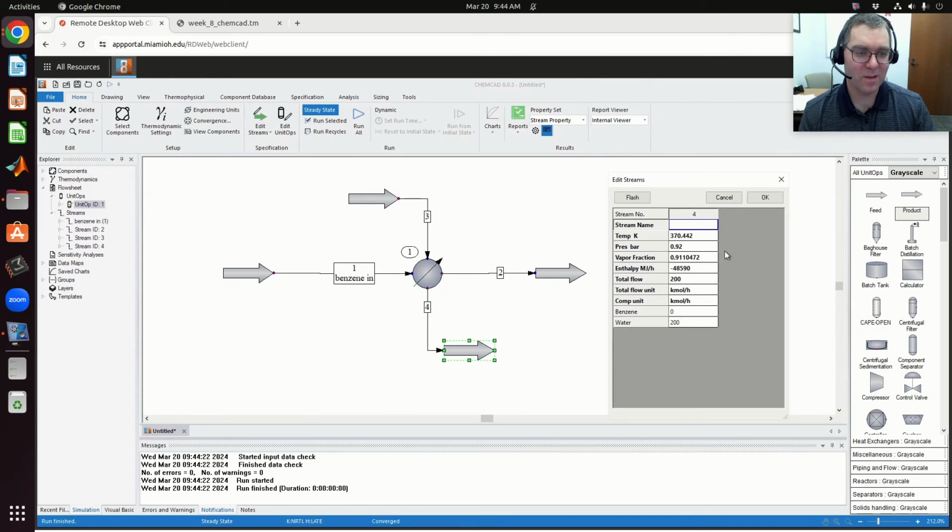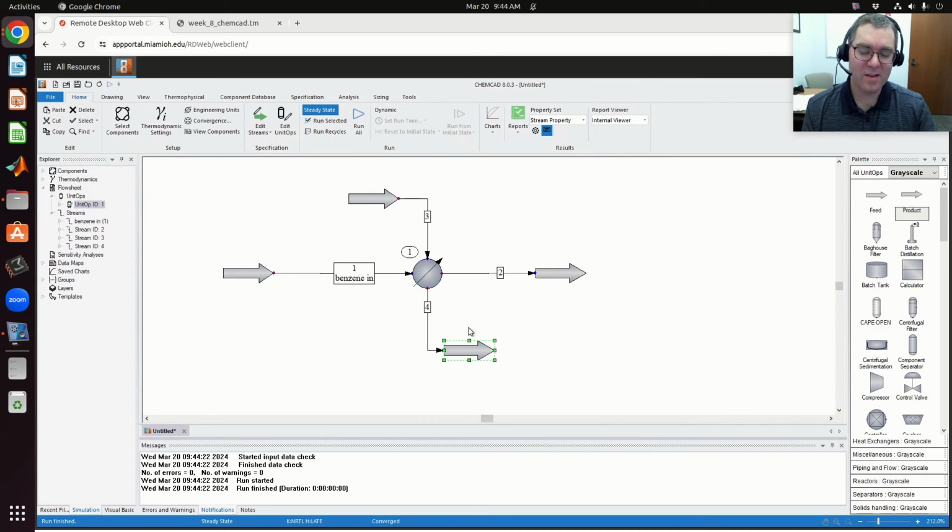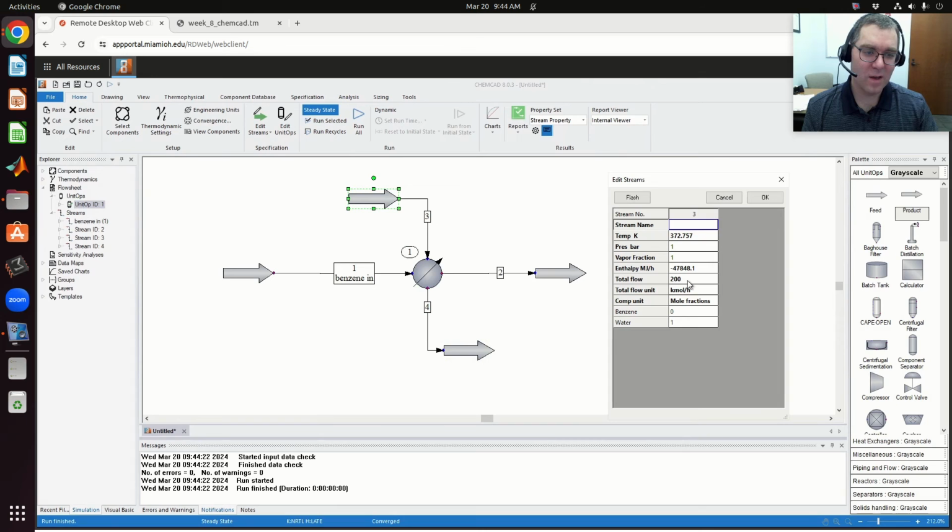I'm condensing some of the steam. The temperature changes very little, and the temperature is exactly the same as when I had 100 kilomoles. It's still the same because I'm still a saturated system. I have a two-phase system of liquid and vapor of my steam. And so I'm just condensing less of it in order to impose the heat transfer. But the temperature of that steam is still exactly the same.